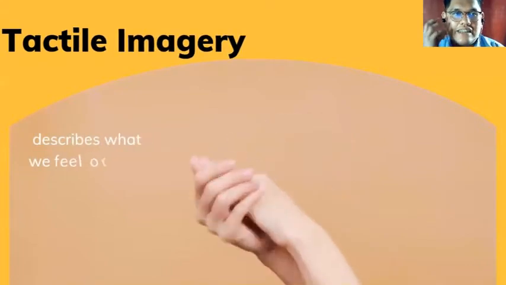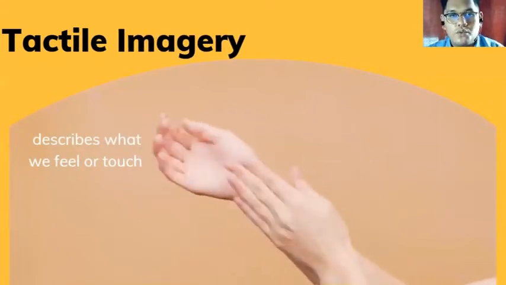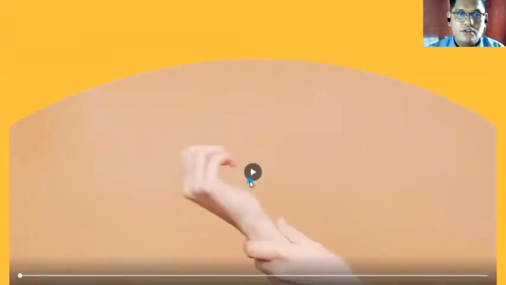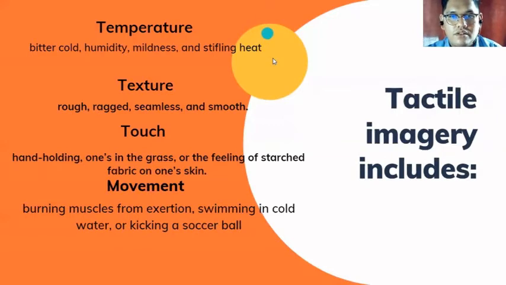Next and last is the tactile imagery. Describes what we feel or what we touch. Okay, so tactile imagery includes temperature, bitter cold, humidity, mildness, and stifling heat.